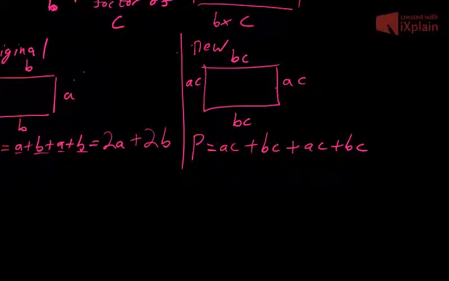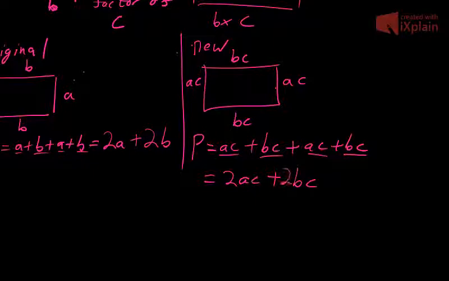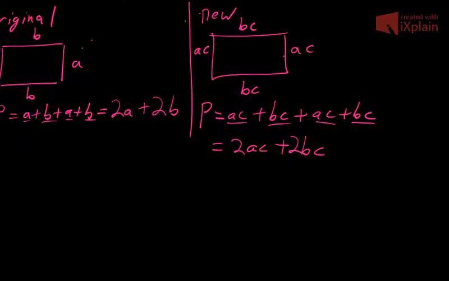If I keep working on this, I can find that's equal to 2 of these AC things and 2 of these BC things. And I can actually factor a C out of this, which is equal to C times 2A plus 2B.